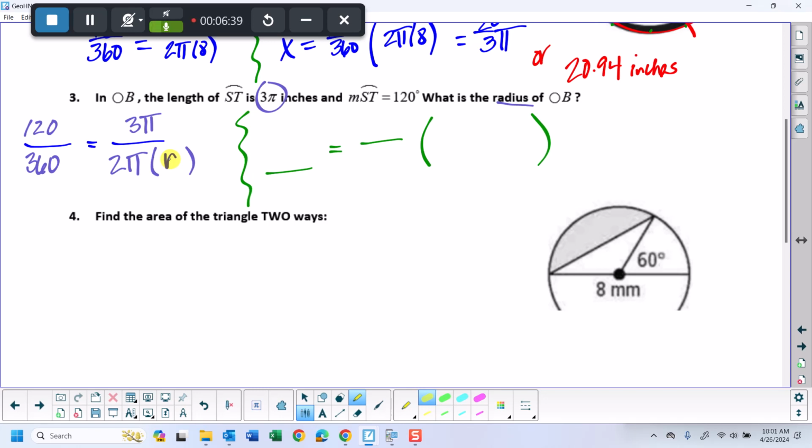If I do it with an equation, my math looks like this. My length is 3 pi, and I know that's this fraction of my circumference, 2 pi times my radius. There's my unknown. And untangling that r is totally up to you. That's algebra that you learned last year, and you're like, no, I didn't.